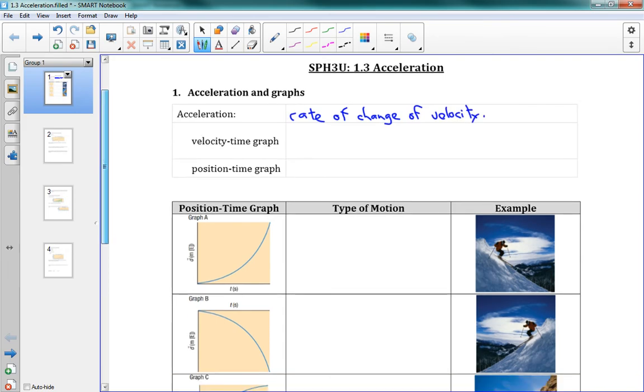Now, one of the useful ways to look at acceleration is with a velocity time graph. A velocity time graph is one where the x-axis is time, and the y-axis is velocity.